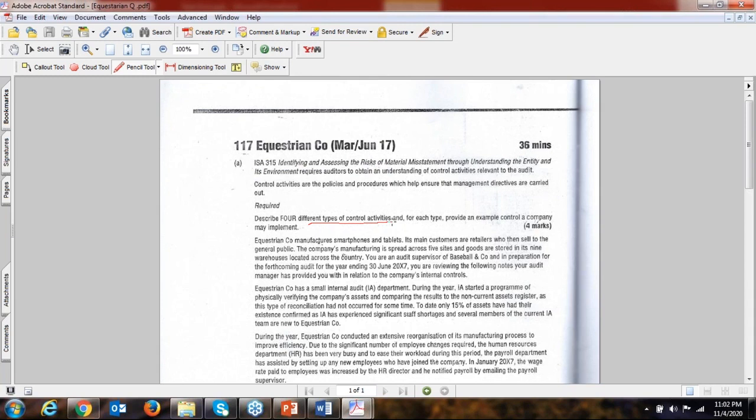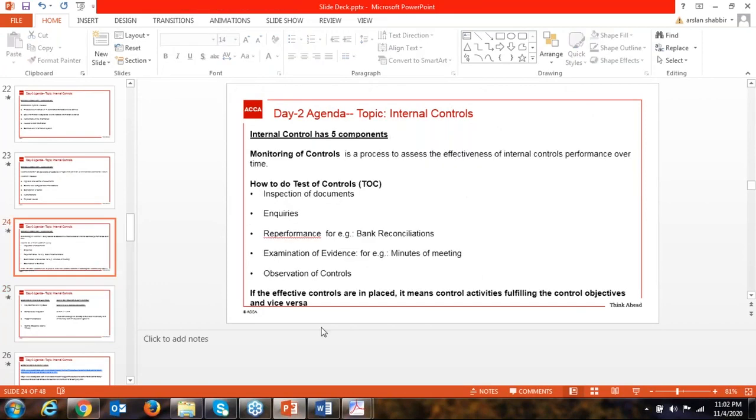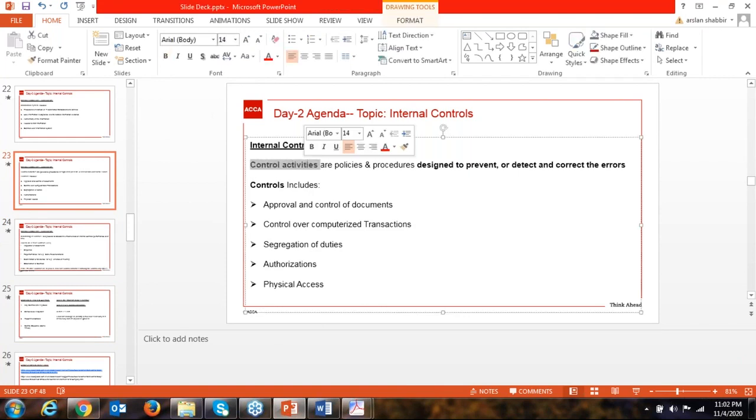Remember what control activities are, which help us in achieving the control objectives. So, what are our control activities? I will show you. Yes, these are the control activities: segregation of duties, authorizations, physical access.